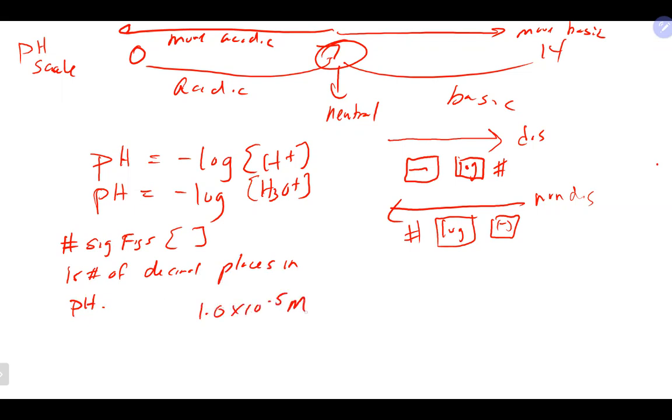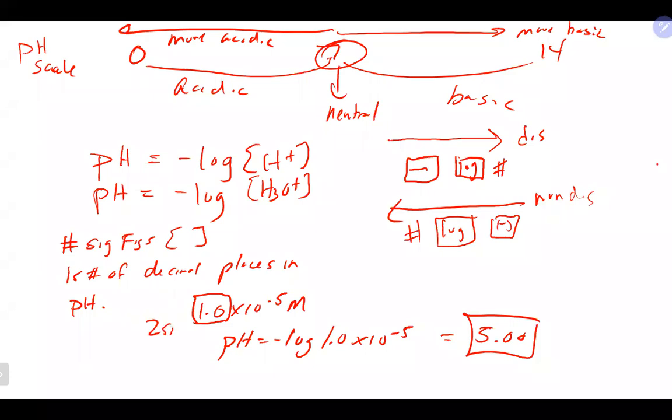When we did our pH, minus the log, we should end up with 5.00. This has 2 sig figs in our concentration, which once again gives us 2 decimal places, not significant figures, in your pH value. Any questions on that?